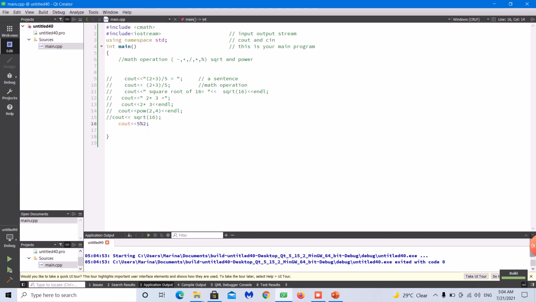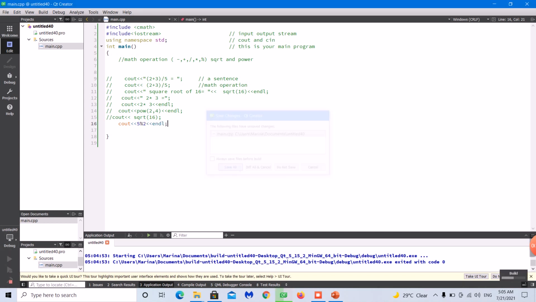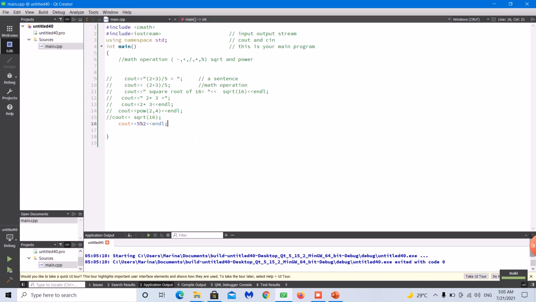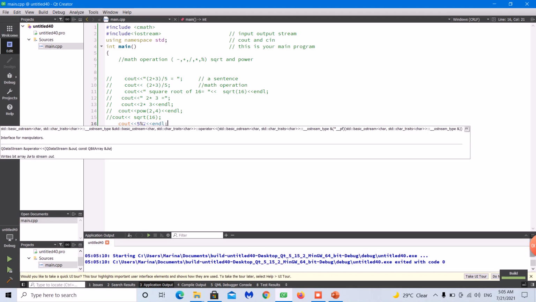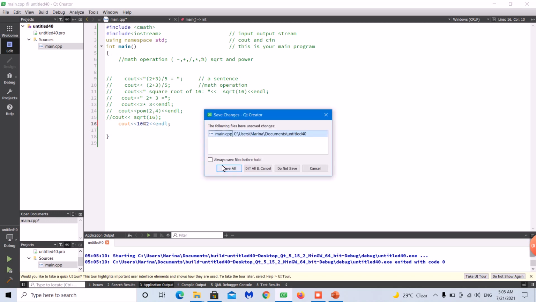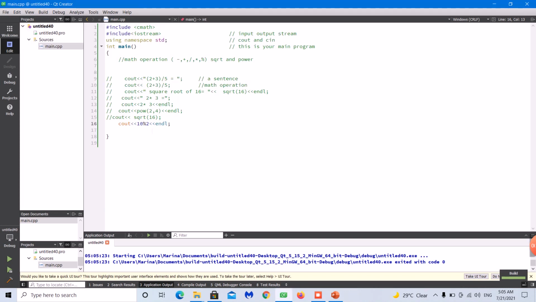I don't like this style. Let's copy this and paste it here because I don't like the press. 1. Great. So if I wrote 10 mod 2, it's going to be 0, I guess. 0, yes, because there is no remainder in 10 mod 2.